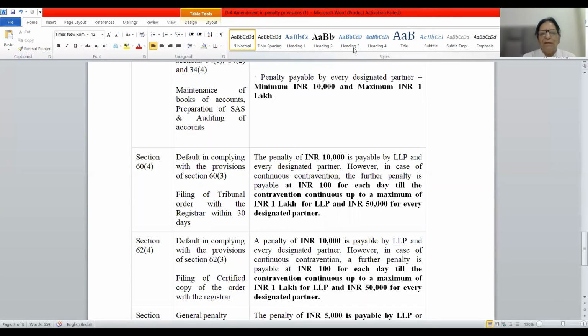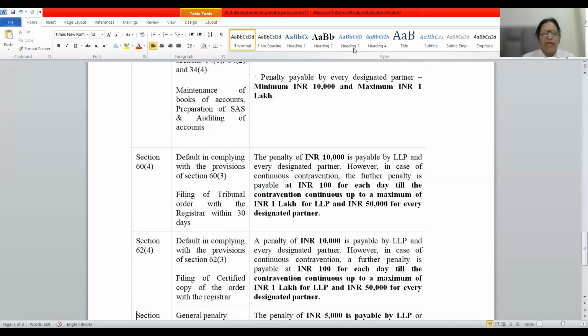And LLP has committed default. Then there is a penalty of rupees 10,000, which is payable by LLP and every designated partner. However, in case of continuous contravention, the penalty is rupees 100 for each day till the contravention continues. Up to a maximum of, here the maximum penalty is 1 lakh for LLP and 50,000 for every designated partner.